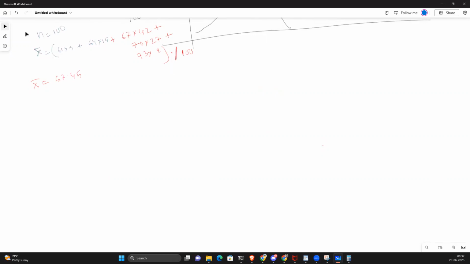Now we have the mean in our hand, we can compute the skewness.